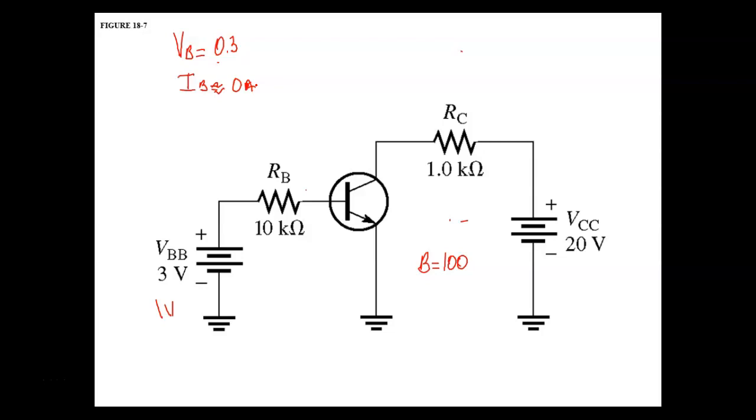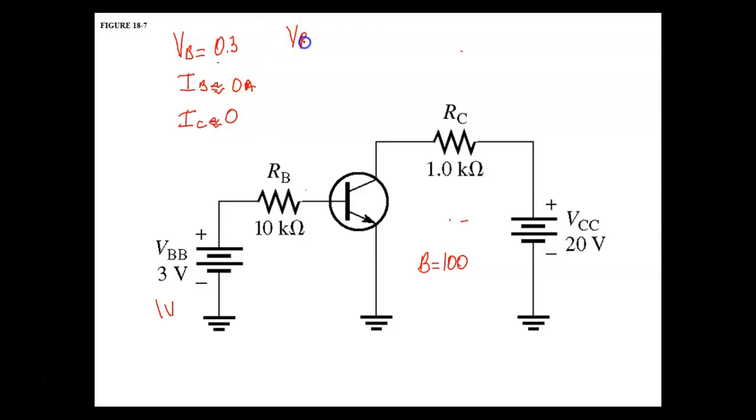So what would my collector current be? Yeah, it's going to be approximately 0, right?